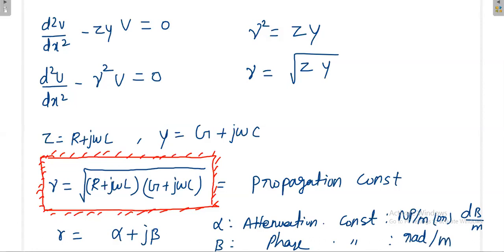Now take this equation, this is our final differential equation. Now we'll write the solution for this equation. d square V by dx square minus gamma square V equal to 0.